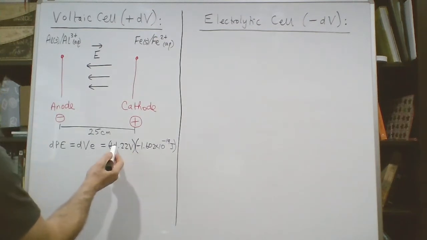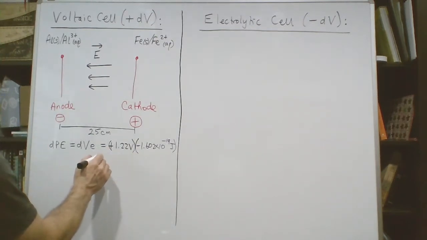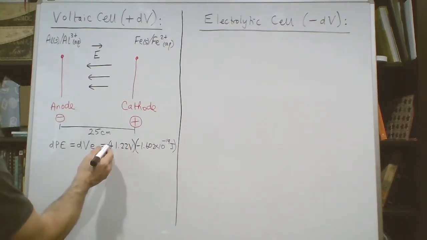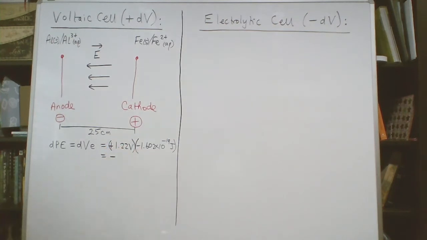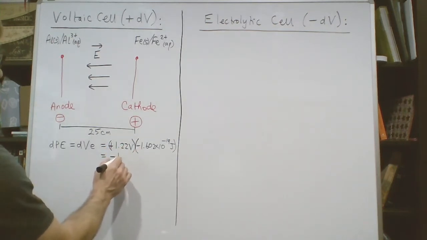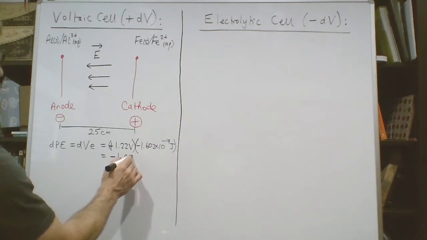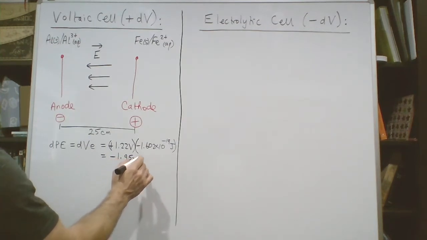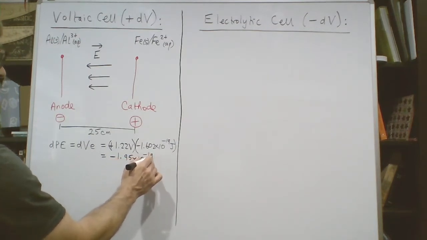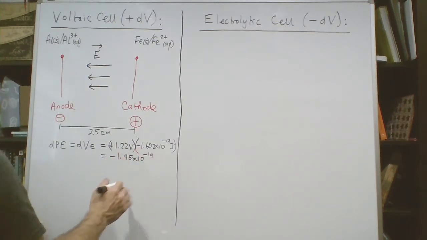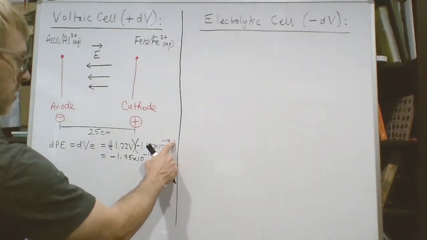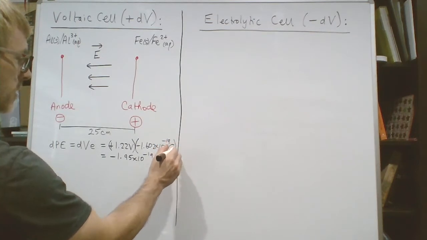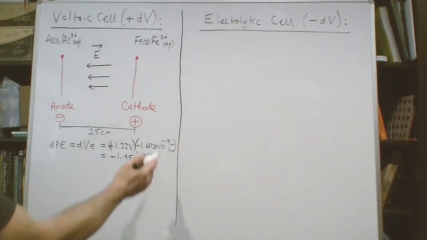So we multiply this number by this voltage and we get a negative number because we have a positive multiplied by a negative. So we get a negative number, and that's 1.95 by 10 to the negative 19. The unit of charge is not joule, the unit of charge is coulomb.